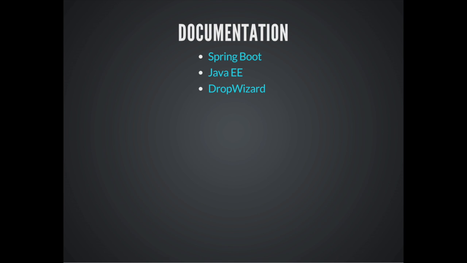Often that source code is quite hard to follow if you're not an expert already. For example, I looked at the Java EE 7 samples GitHub project that was developed by Arun Gupta, who formerly was Oracle's Glassfish guy and now is Red Hat's Wildfly guy.